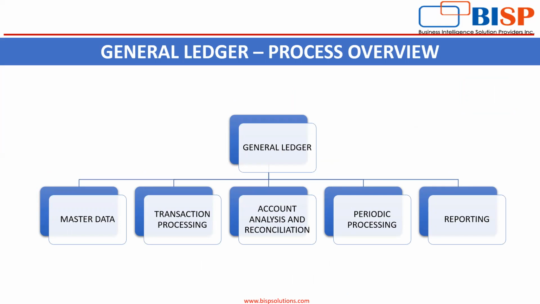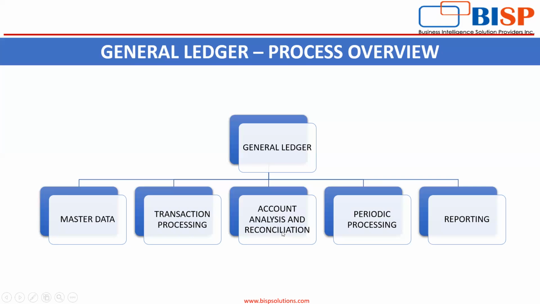So, process overview of journal ledger. First we have to maintain master data. Using this master data, we create transactions, or we say journal entries, that is called transaction processes. Then these transactions are analyzed and used for reconciliation purposes.